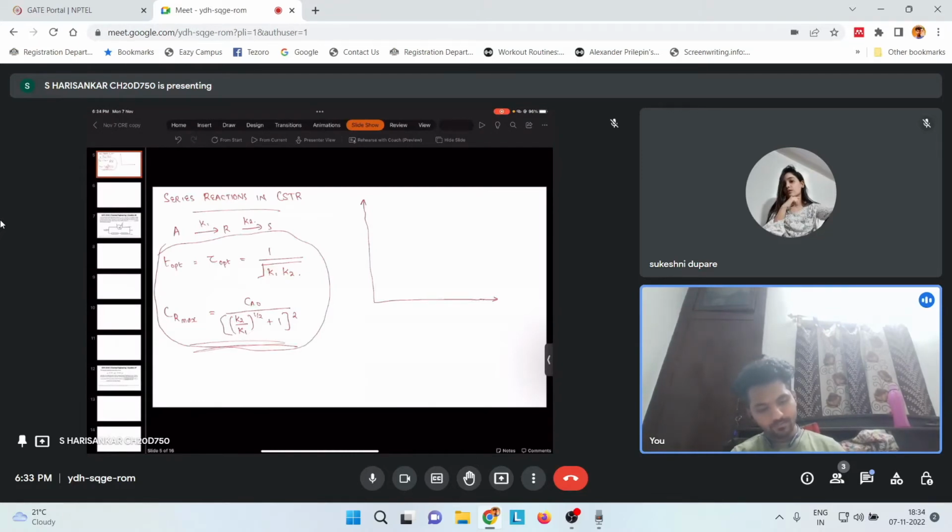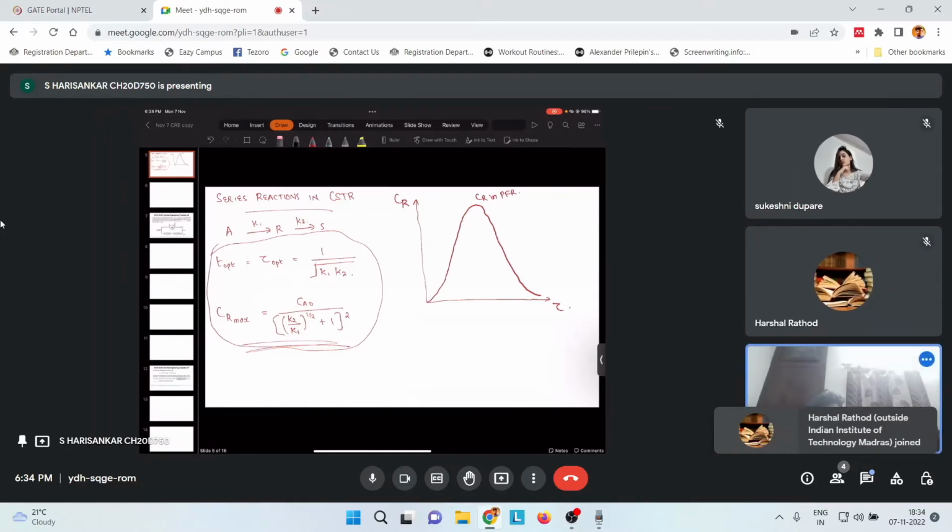So let us say this is CR and this is tau. This will be the concentration profile of CR in PFR. If you want to do the same for CSTR, it will be like this.